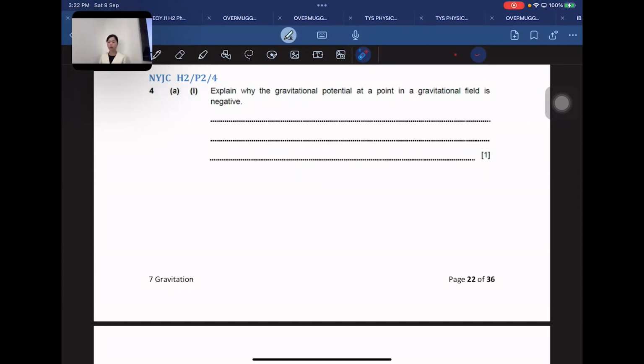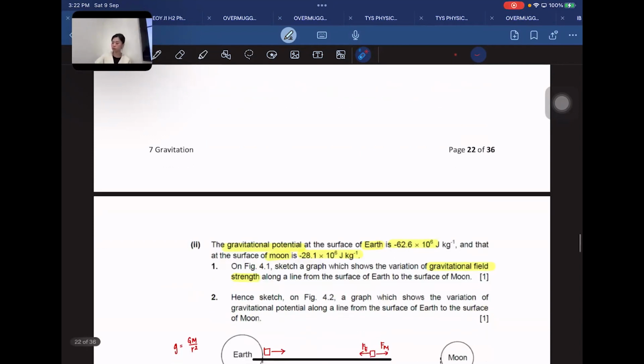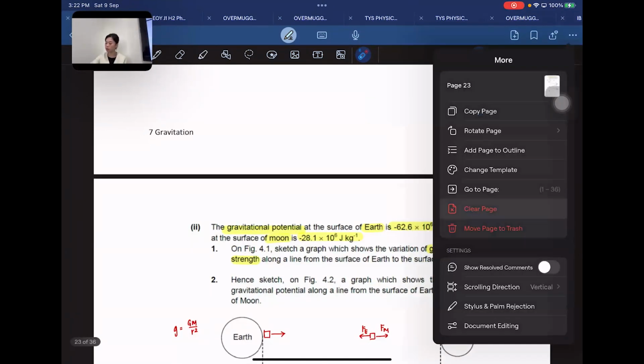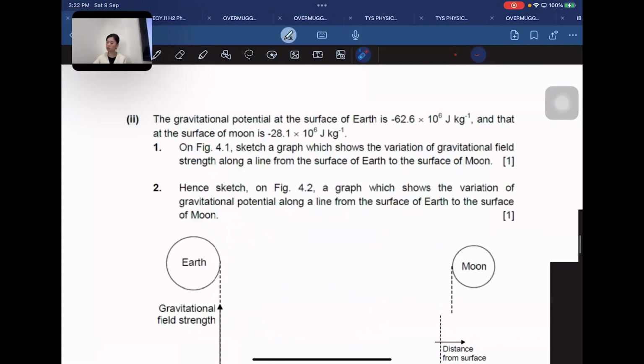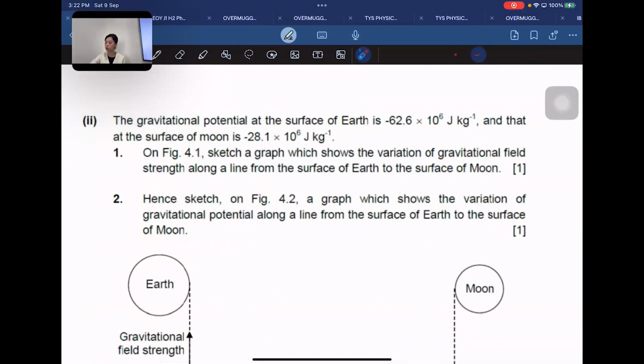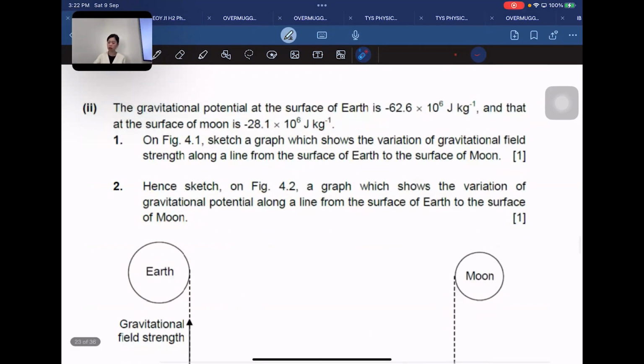Hopefully the graph drawing part was okay for you. First things first, it says the gravitational potential on the surface of the Earth is given to be negative 62.6 times 10 to the power of 6 joules per kg, and that on the surface of the Moon is as such. Now, why is there a huge discrepancy between the two? Mainly because of the mass of the object.